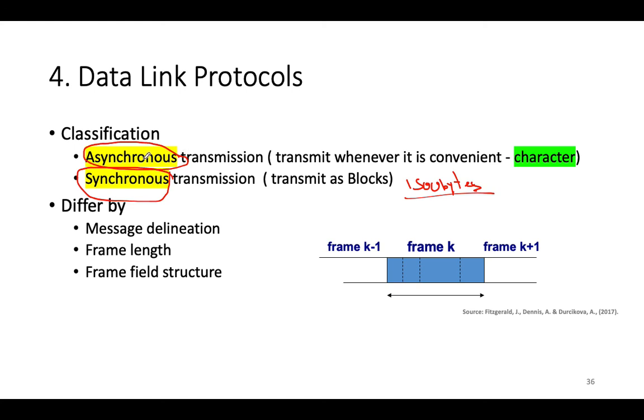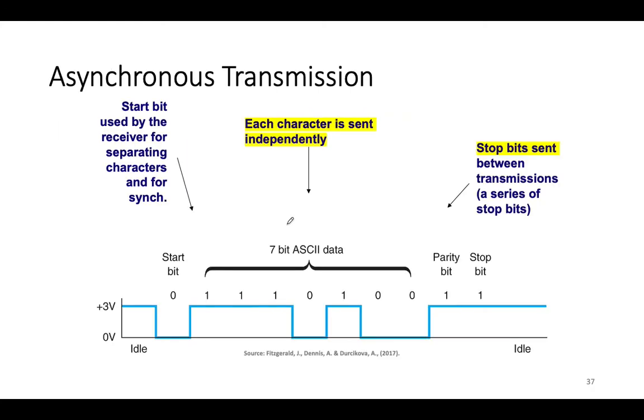For asynchronous, you send character per character, and usually we fit the character within 8 or actually 7 bits. If you have seen something called ASCII, just type ASCII code into Google and look at what it is exactly.